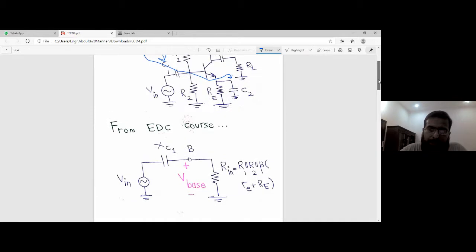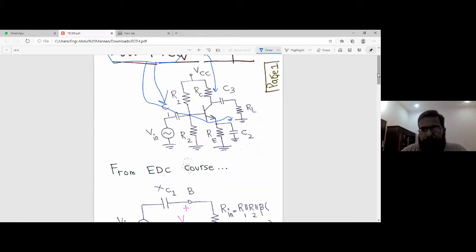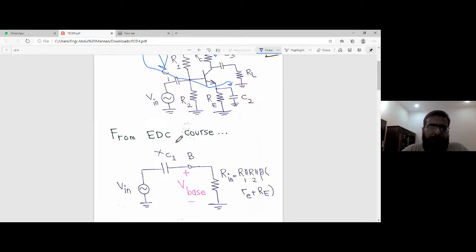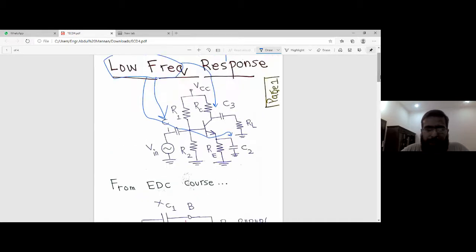Right. From the EDC course, Electronic Devices and Circuits course, we have studied that the input impedance seen at this terminal is this R1 in parallel with R2 in parallel with this capital RE and this small re multiplied with a beta, because these two resistances are on the output side, and once we see them on the input side we multiply them with beta.